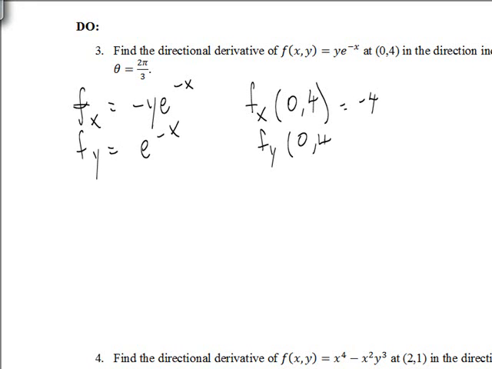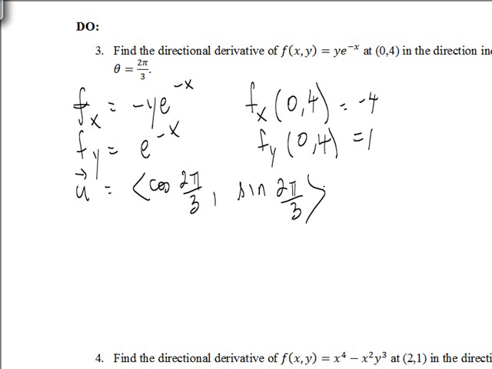Fy at the point is simply 1. The unit vector is simply cosine 2 pi over 3, sine 2 pi over 3. And if you work that out right away, you'll get minus a half, square root 3 over 2. You don't need to though.